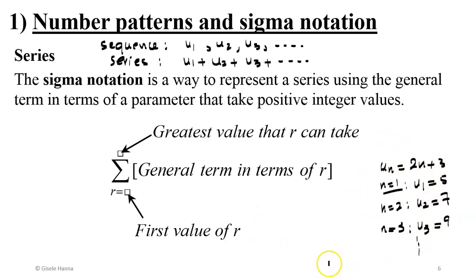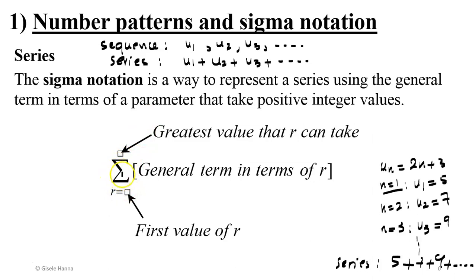However, the series corresponding to that sequence would consist of the sum of 5 plus 7 plus 9, etc.